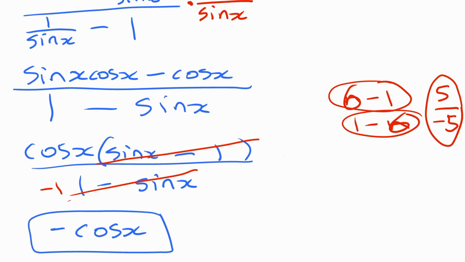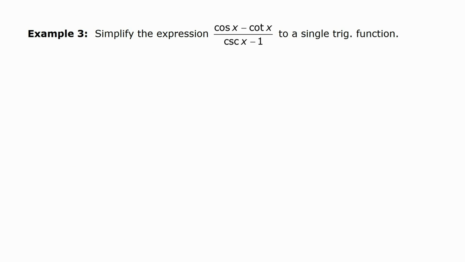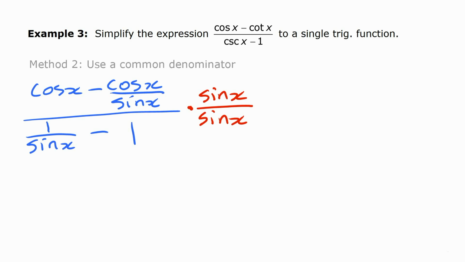Now I mentioned there were two methods I was going to use with this. We'll just clear our space here first. And our second method is going to be one that we used before, which is using a common denominator. So we're going to go through this pretty quickly because we did it in the previous example, but we're going to go back to the spot where we had changed everything to sines and cosines, like that.